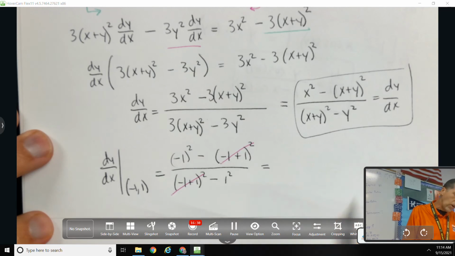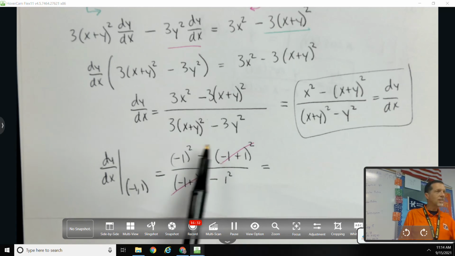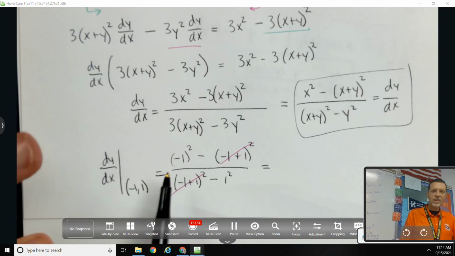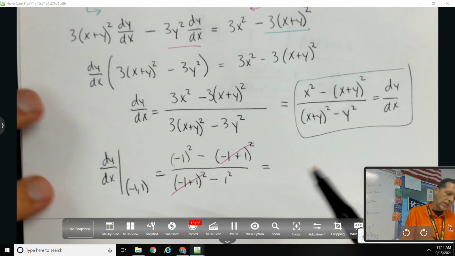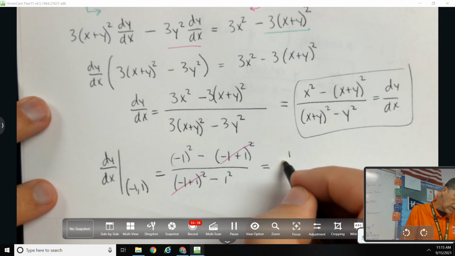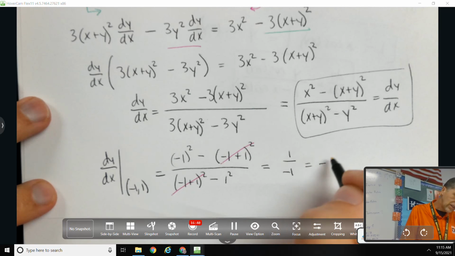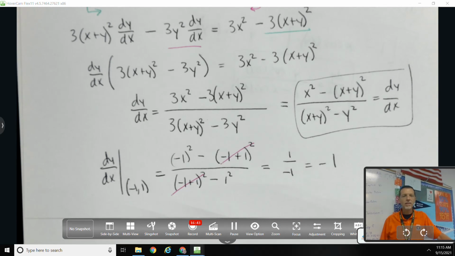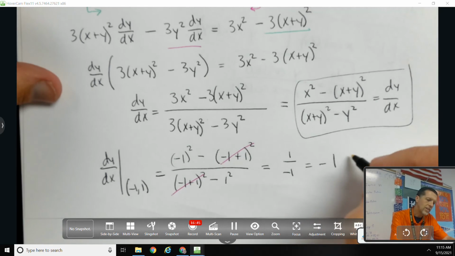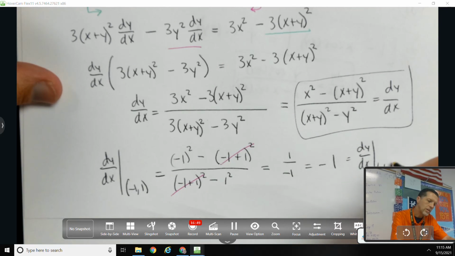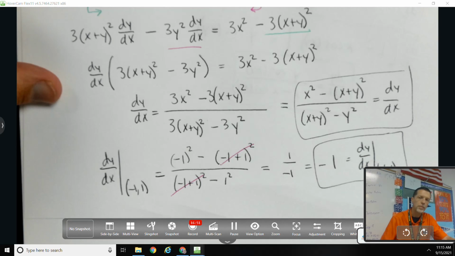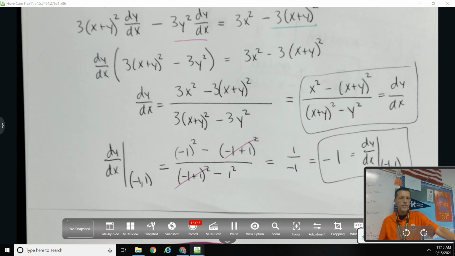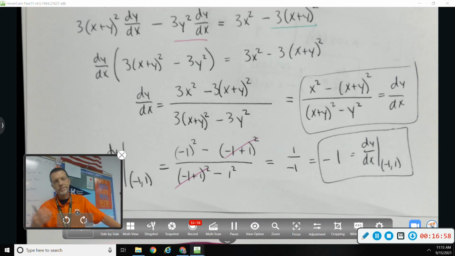Really, I could have safely stopped there because all that's left is calculator ready. So that'd be good. 1 over negative 1. All that to get negative 1 for my second part of my answer, dy/dx at (-1, 1). That didn't look so bad. I've never heard a more wrong statement.